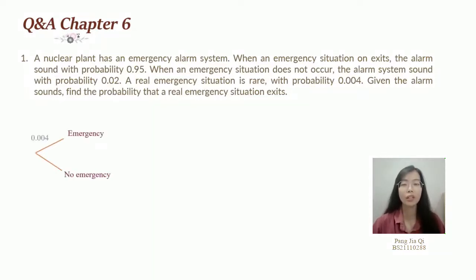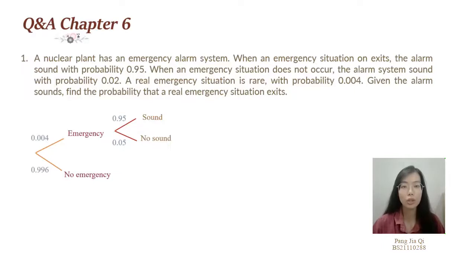In this case, we can divide into two, which is emergency and non-emergency. The probability of emergency equals 0.004. The probability of non-emergency equals 1 minus 0.004, which equals 0.996. In an emergency situation, the probability the alarm system sounds equals 0.95.